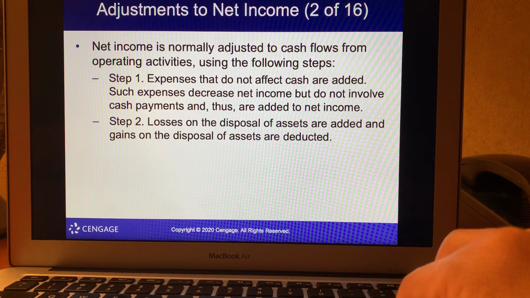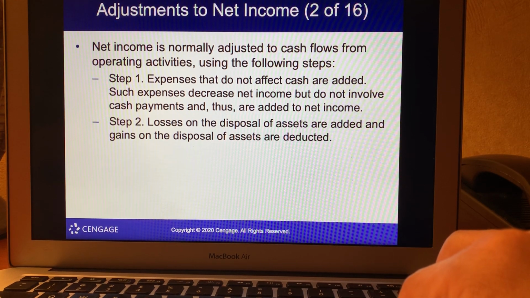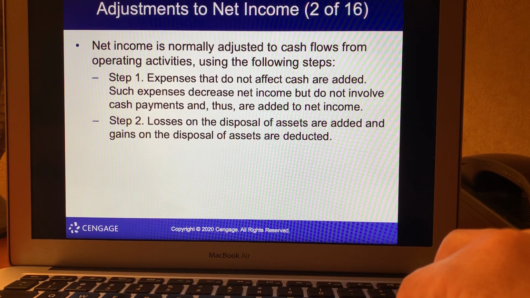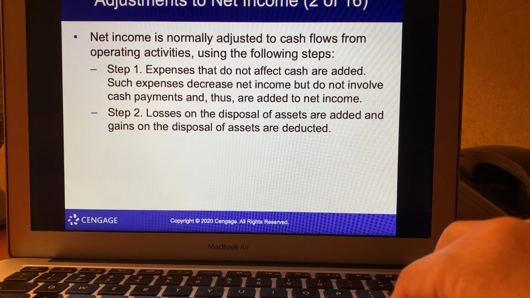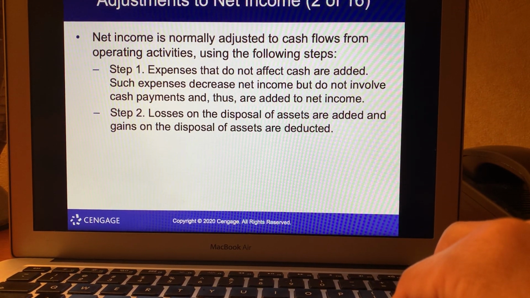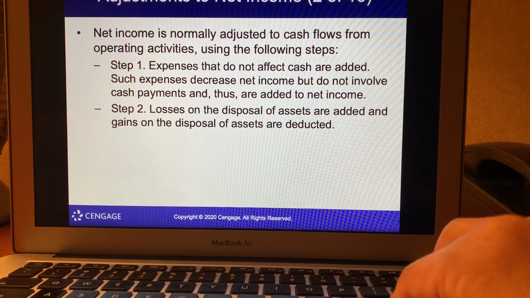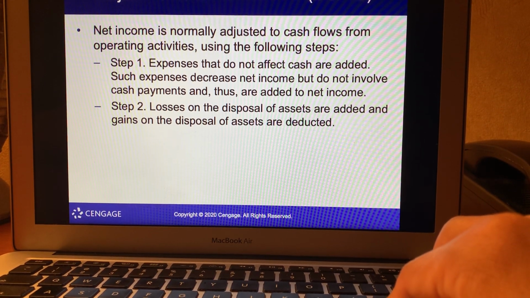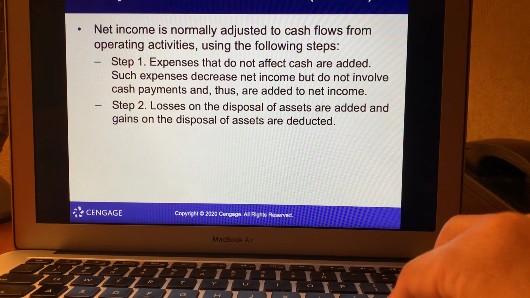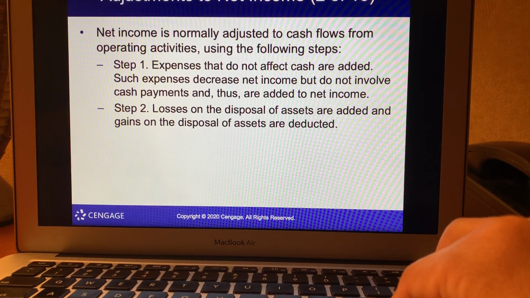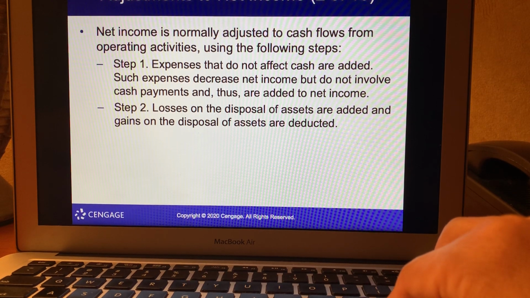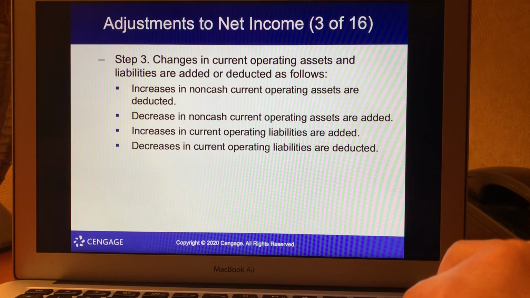Adjustments to net income is normally adjusted to cash flows from operating activities using the following steps. 1, expenses that do not affect cash are added. Such expenses decrease net income but do not involve cash payments and thus are added to net income. 2, losses on the disposal of assets are added and gains on the disposal of assets are deducted.